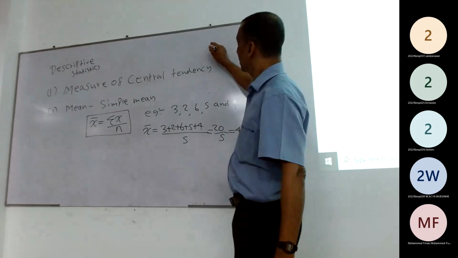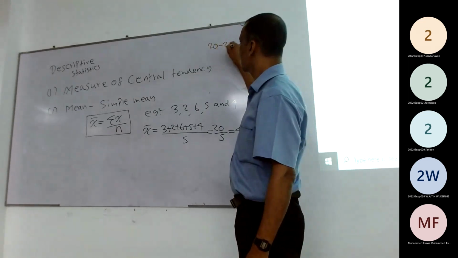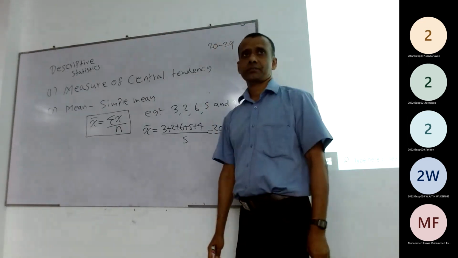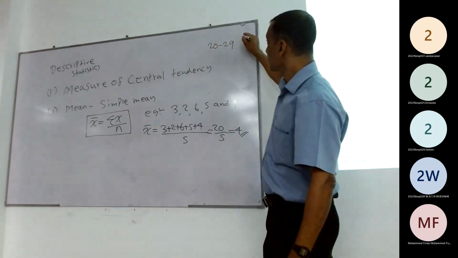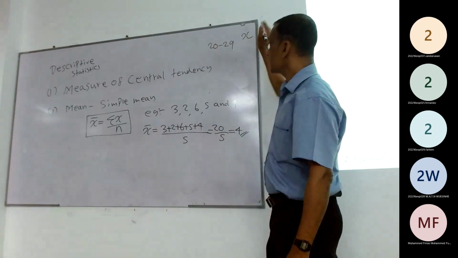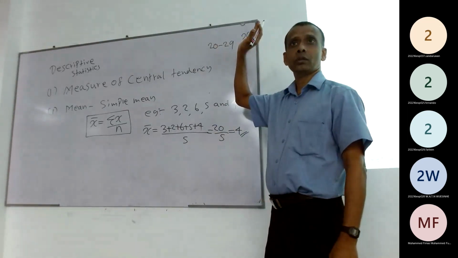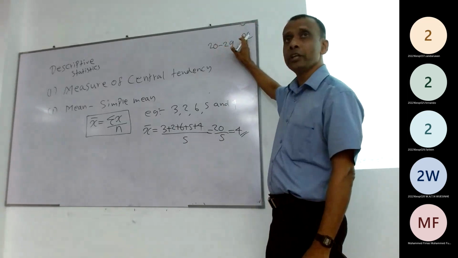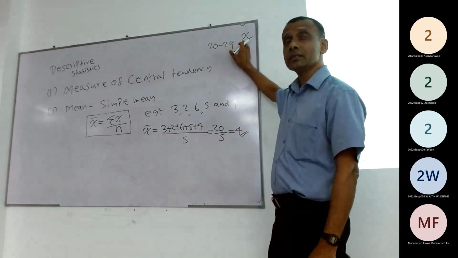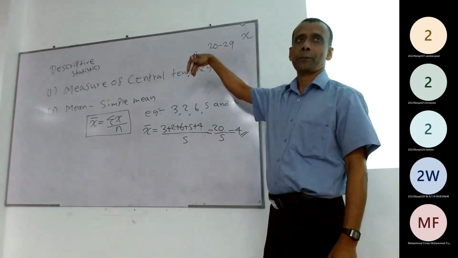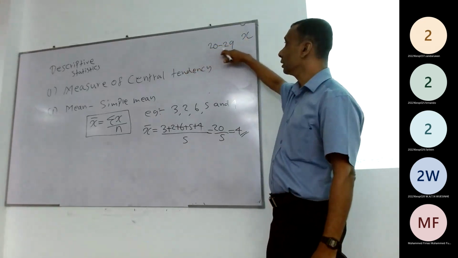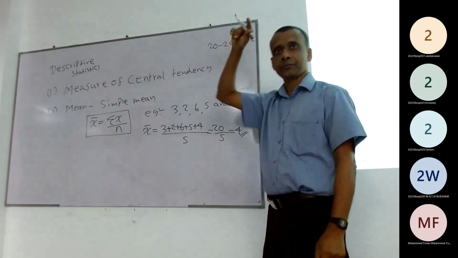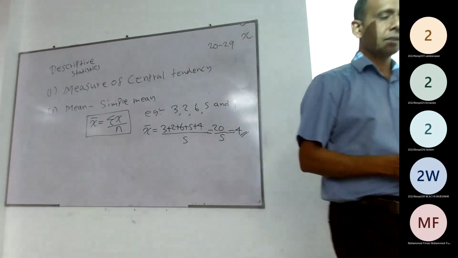You know, there are classes like 20-29, 30-39, 40-49, like that. Therefore, we consider the mid value, the class mark, as x. First calculate the mid value as x, then apply the formula. Otherwise, keeping the class range, you can't calculate. You take the mid value.